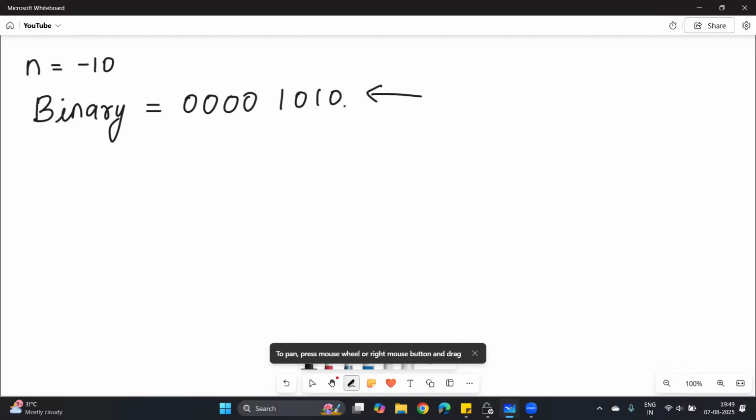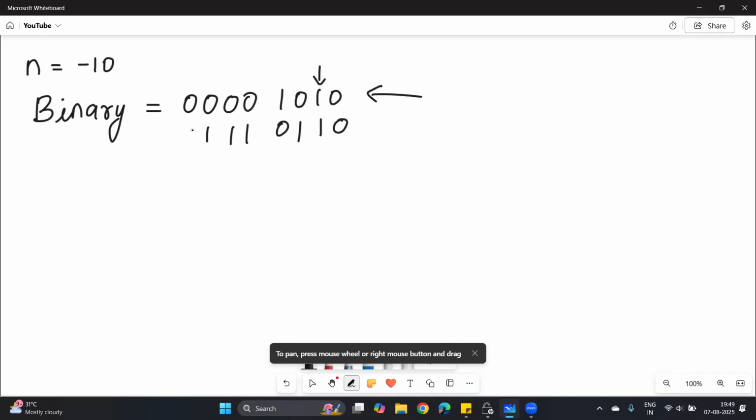So where we find 1 is in this place. First we'll write the 0 as it is, and here we found a 1. So let this 1 be as it is. Till this we will be writing as it is, and then for the other numbers we'll be writing the opposite of what is already present. So the opposite of 0 is 1, and the opposite of 1 is 0.